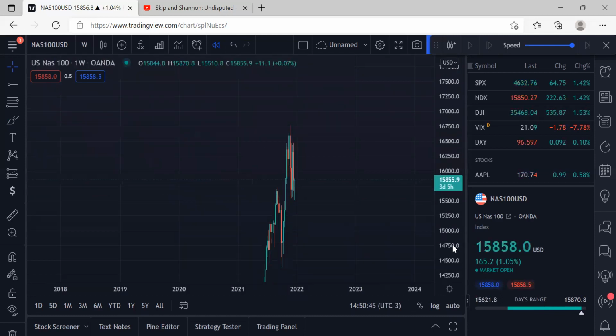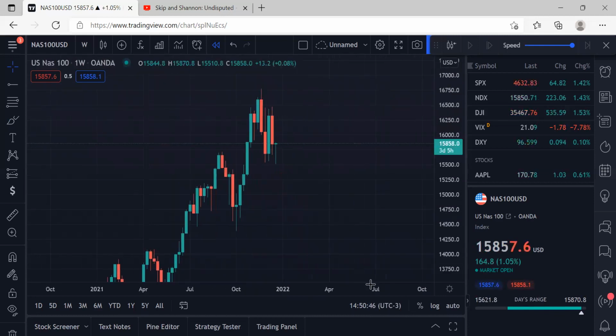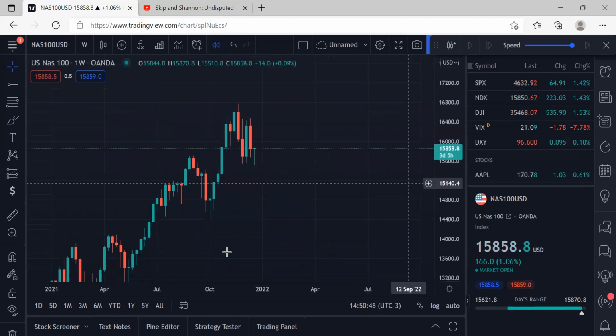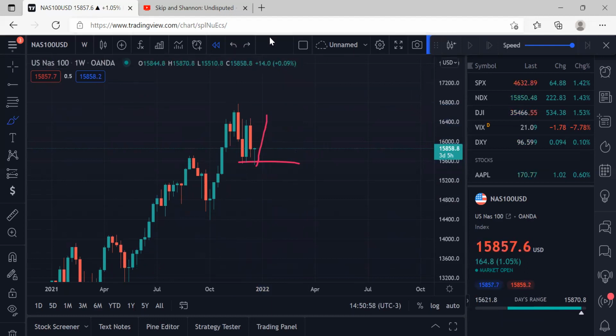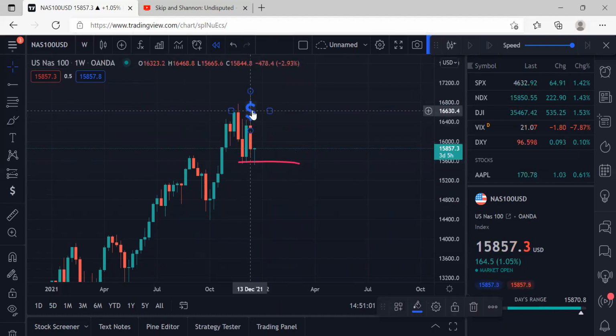Overall, you see what I'm trying to look at. I'm hoping to see this continue to do what? To take out this area of liquidity right here. This is the magic area that I'm looking to get tested, which is right about here.